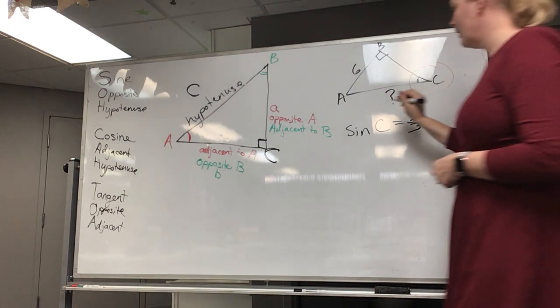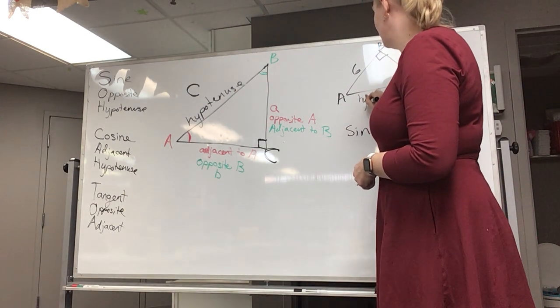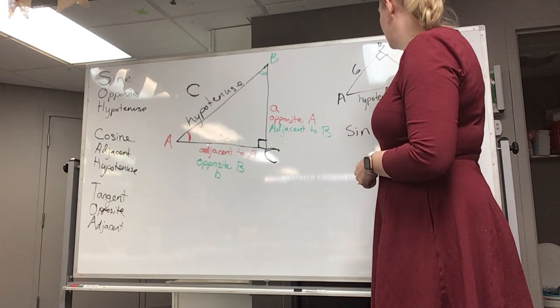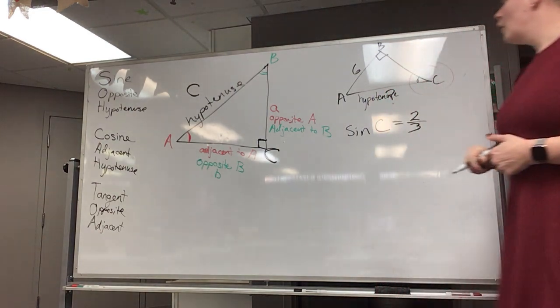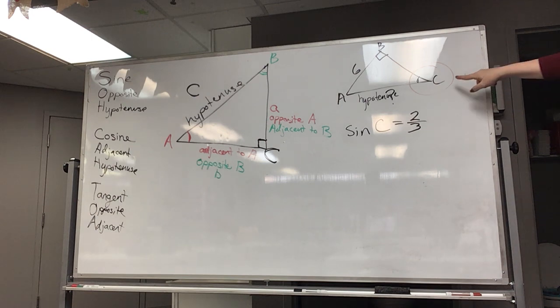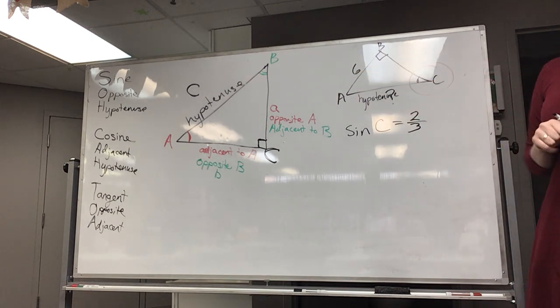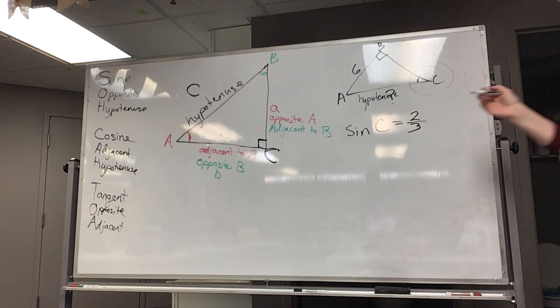AC, or the question mark. This is our hypotenuse. Again, looking at C, this thing that we know, this 6, is it adjacent or opposite angle C? Opposite.